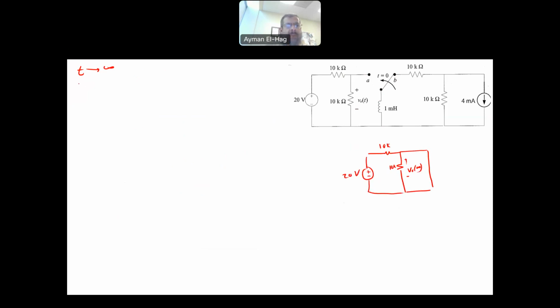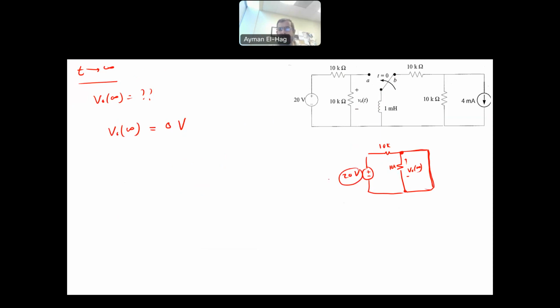We need to find V0 at infinity. Very clearly, the voltage source does not do anything here, because this 10 kilo is short circuited, as you can see. So obviously your V0 at infinity is equal to 0 volts. Now we know V0 at infinity and we know V0 at 0.